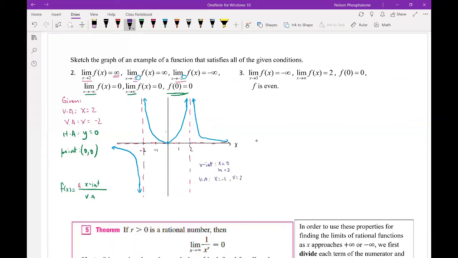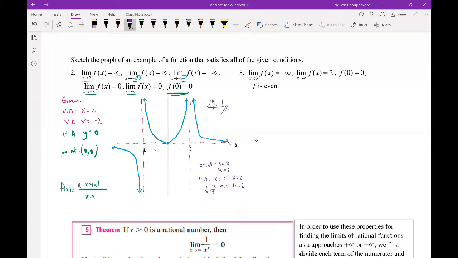Now you will see that at x equal to -2, this graph looks like this, kind of like 1 over x, right? So the power of this factor is 1, the multiplicity is 1. However, at x equal to 2, it looks something like this. That means the graph looks like 1 over x squared. So the power of this factor will be 2. So this is related to the multiplicity.